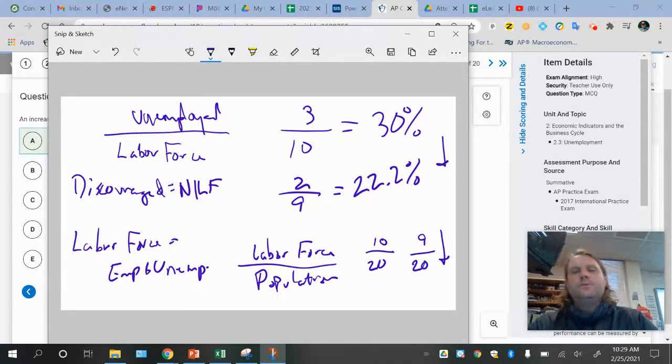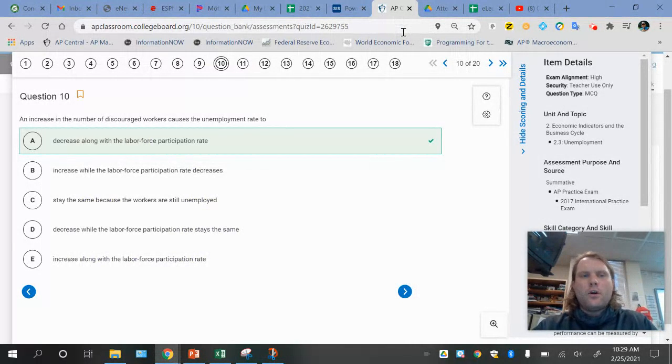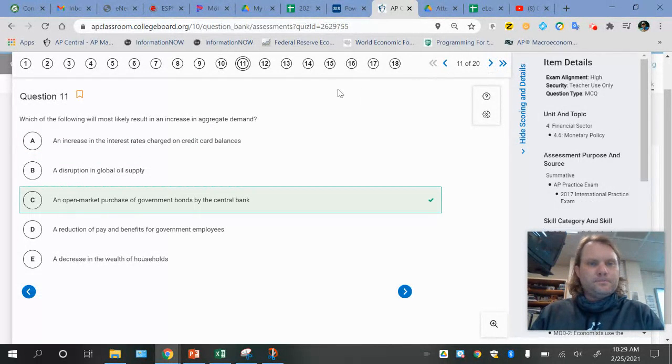That's also going to decrease our labor force participation rate. So you can walk yourself into some answers, even though you may not have these definitions memorized. That's one way you can do it. By all means, you can also memorize this stuff. That's not necessarily how I always approach these types of tests.